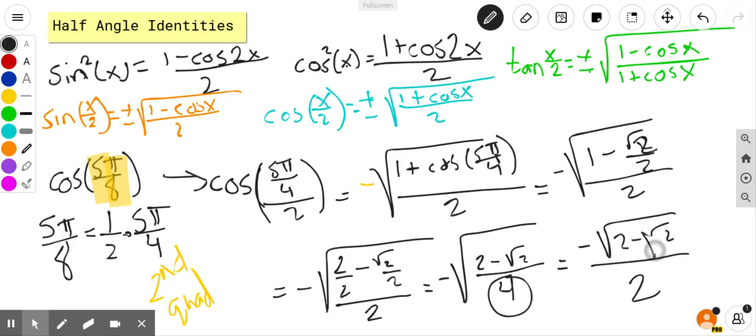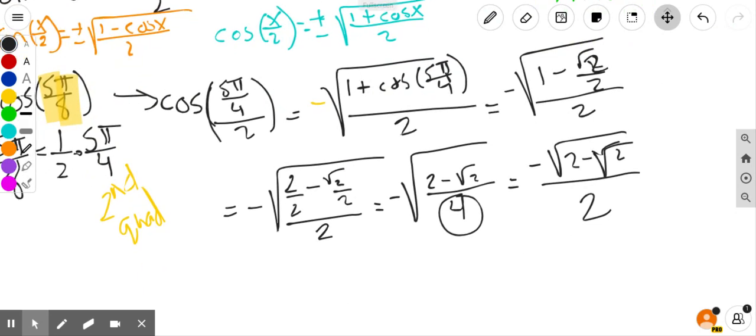a 2. And just for clarification, I was able to get that circled 4 right here by taking this and that, because the intermediate step was I factored out a 1/2 from the numerator, so I thought about it as 1/2 times 2 minus radical 2 divided by 2.